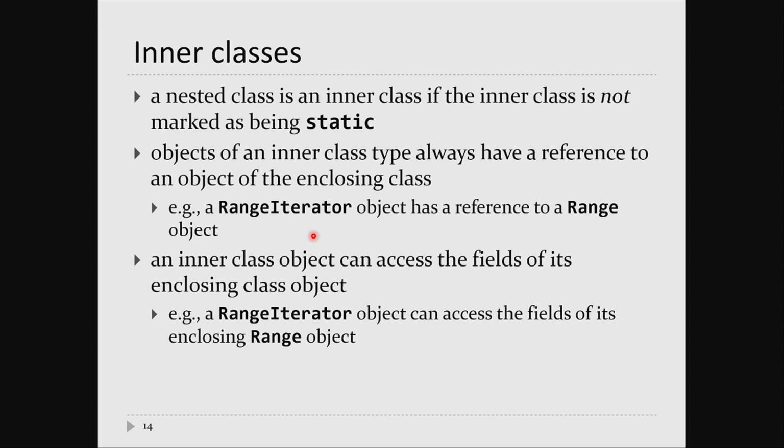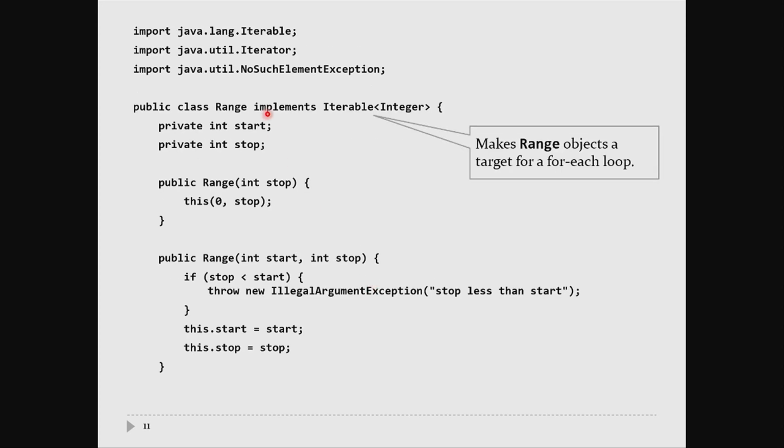Every set iterator has a hidden reference to its set object. An inner class is allowed to access the fields of its enclosing class. So that means a range iterator object is able to access the start and stop fields of its enclosing range.